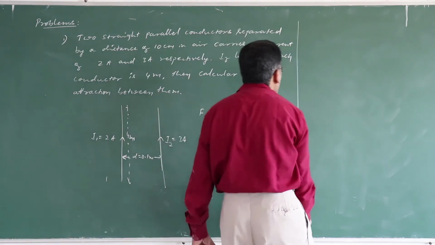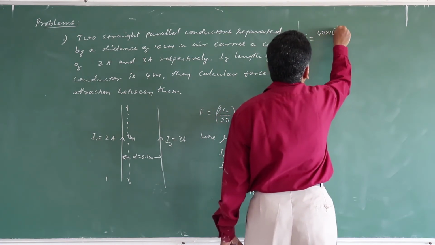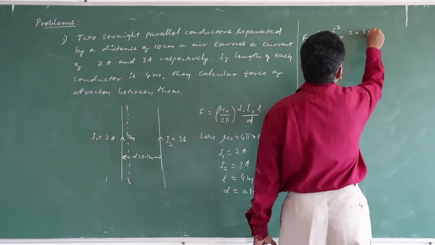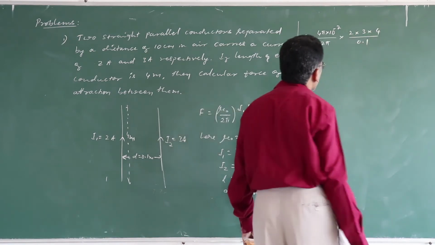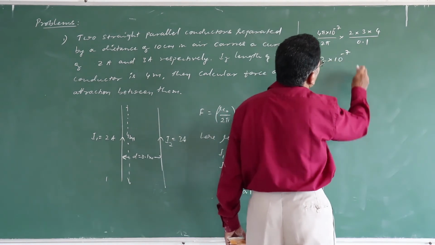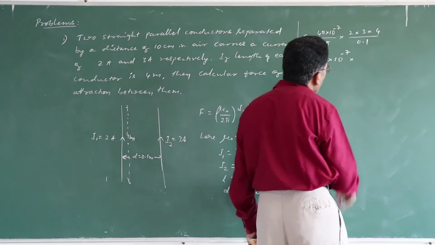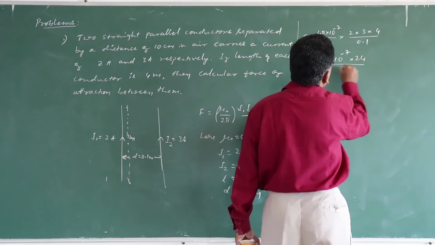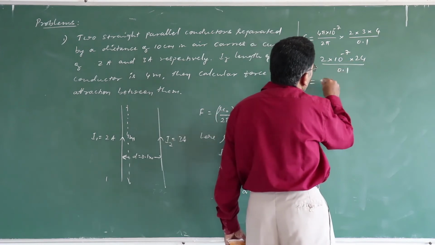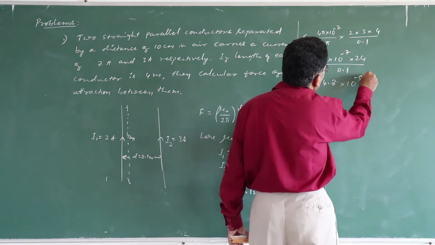We are going to get F is equal to 4 pi into 10 raised to minus 7 by 2 pi, into 2 into 3 into 4 divided by 0.1. This is 2 into 10 raised to minus 7 into 24 divided by 0.1. See, this comes out to be 4.8 into 10 raised to minus 5 Newton.